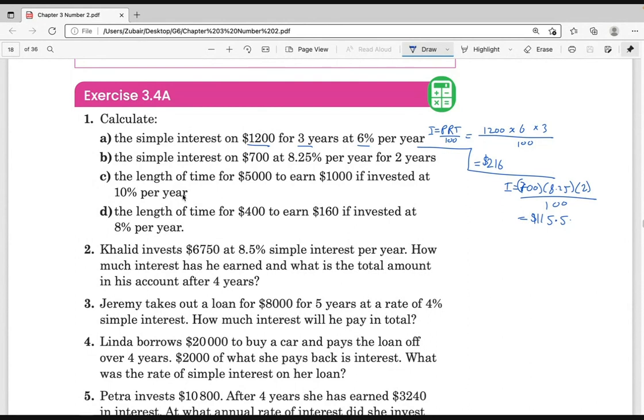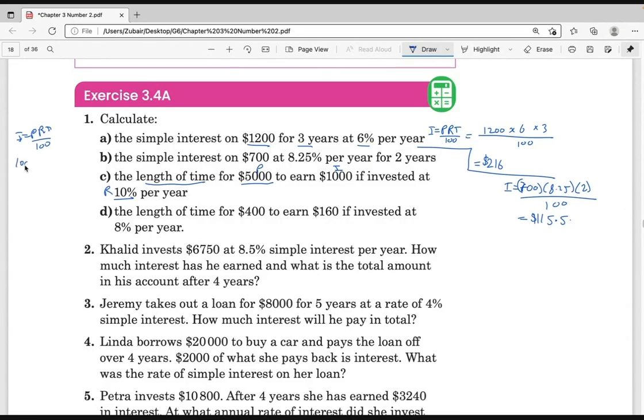C part. The length of time. Now time is missing. Principal amount is given, to earn 1000 interest is given, if invested at this rate is given. So I equals PRT over 100.